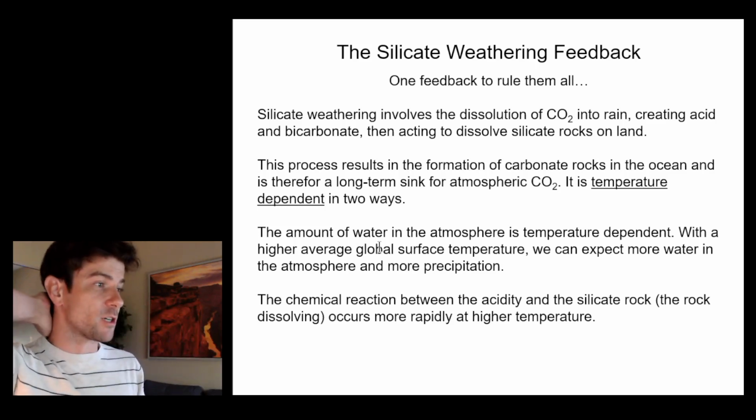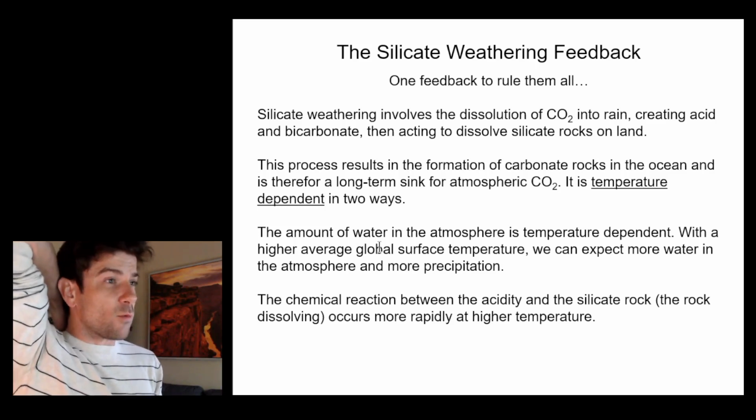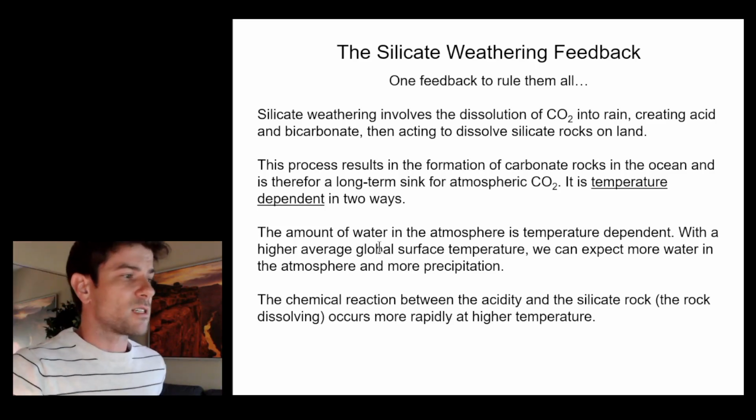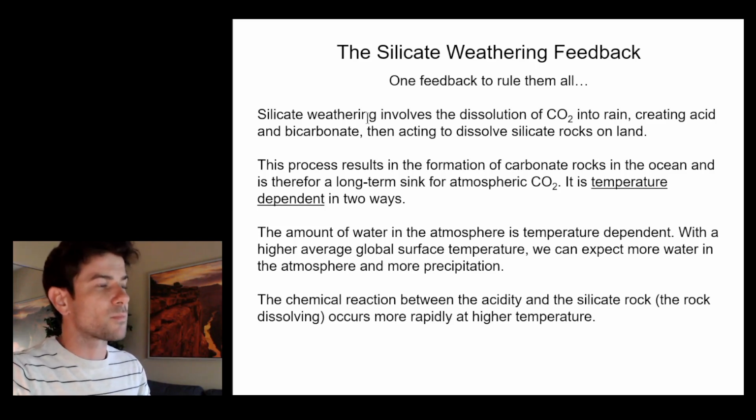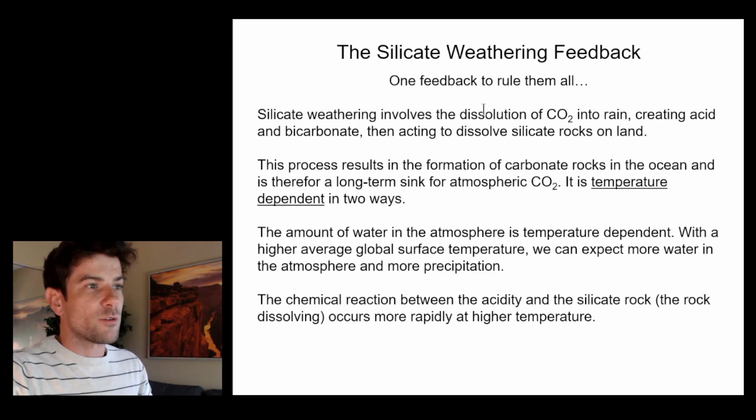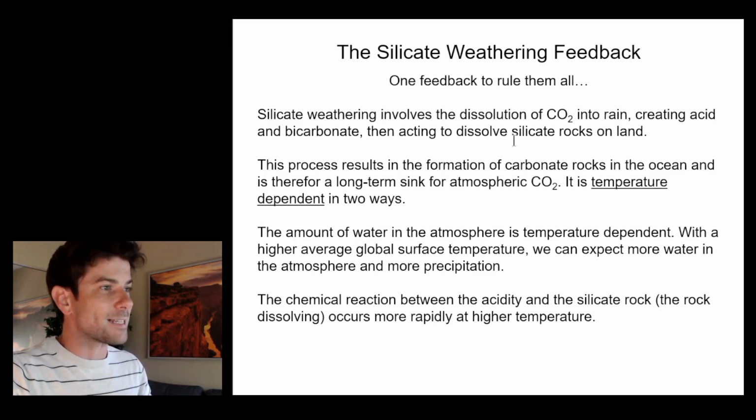Okay, so we're going to finish our discussion with this. We've got one feedback to rule them all here, the silicate weathering feedback. The silicate weathering feedback obviously involves silicate weathering, which relies on the dissolution of CO2 into rain, creating an acid, and then using that acid to dissolve silicate rocks.